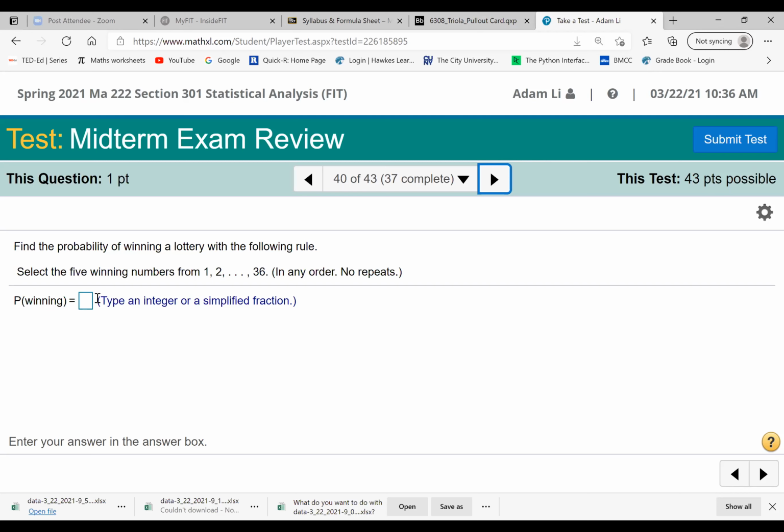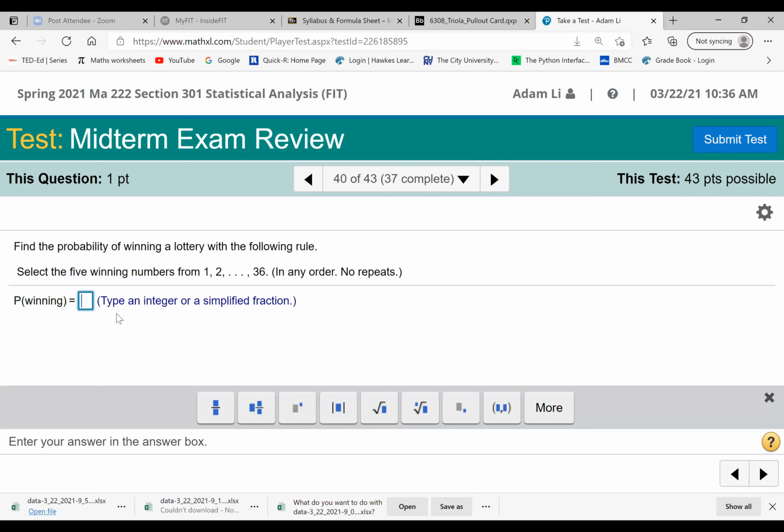And so the probability of winning, we know there is only 1 winning set of numbers, right? So it's 1 divided by the combination, 36C5. So it's 1 winning set over the total number of possible sets, which is 36C5.